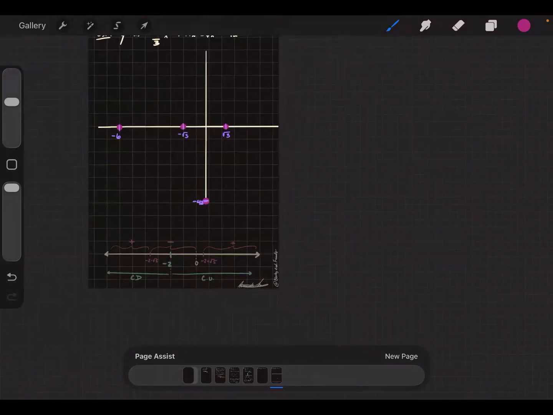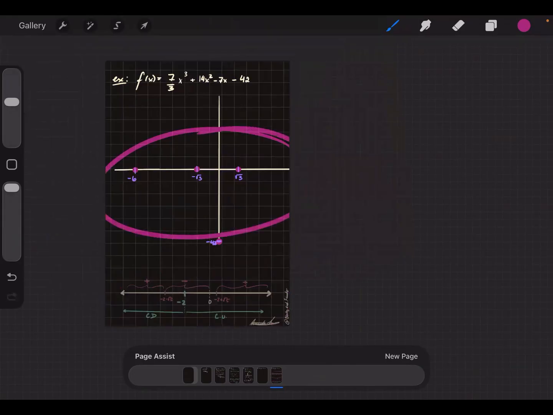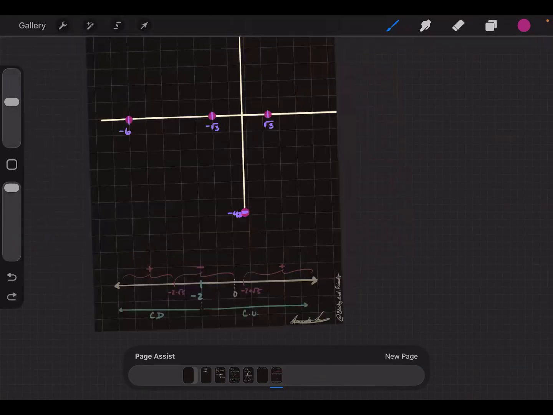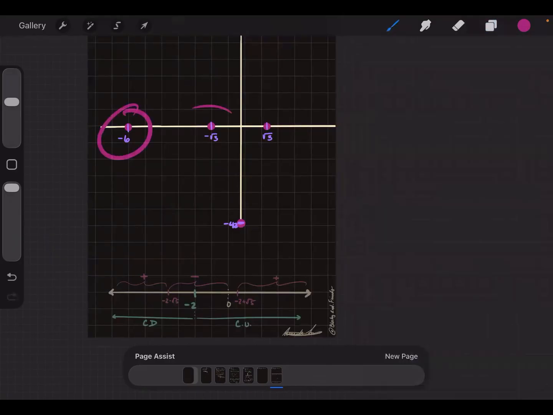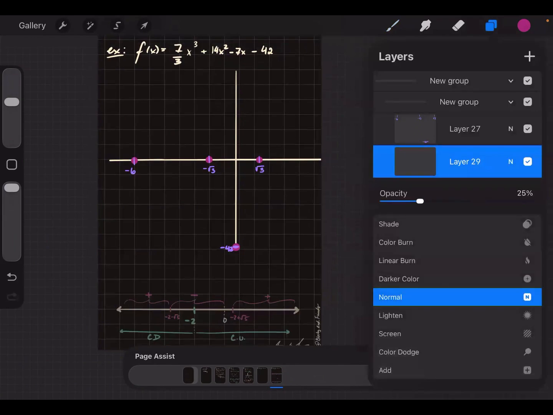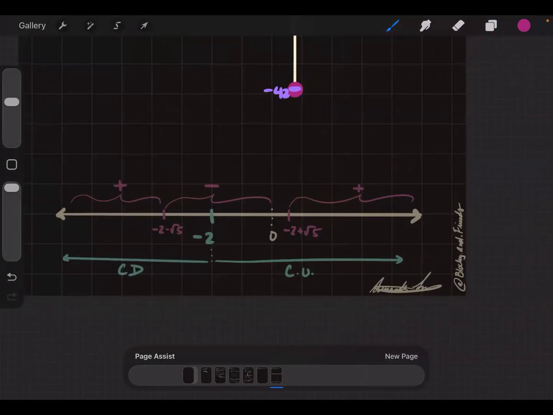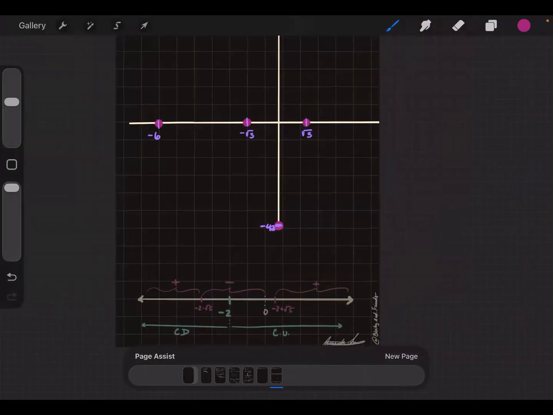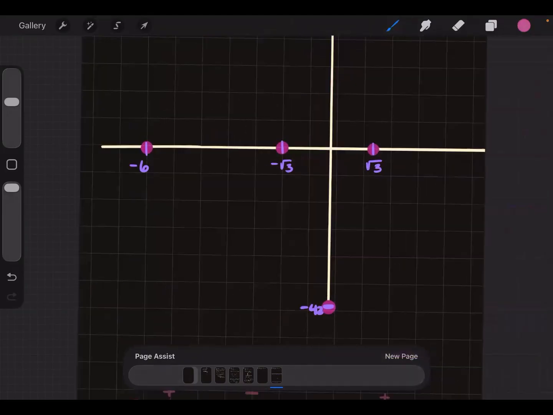Now, here's the hard part. We have to make sure all these guys can be mapped nicely into here. But that is okay. So what we're going to do, we're going to go in and label in the same way we labeled these pieces. We know that we have 3 intervals. So it's going to be -2 minus root 5 and -2 plus root 5. I'm going to put in a different shade of pink.